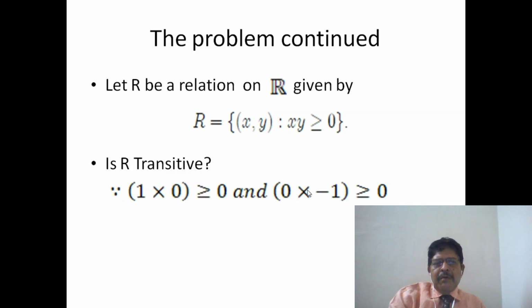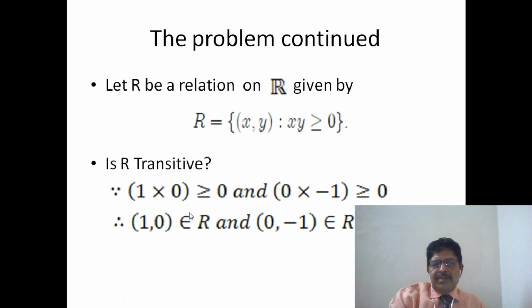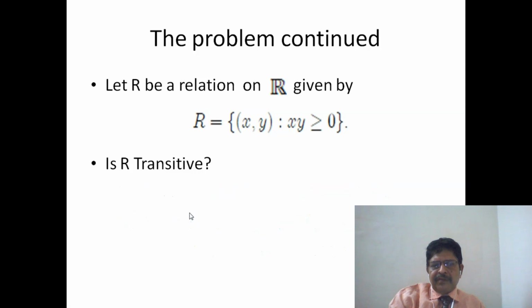Now here we give a counter example. See, 1 into 0 is non-negative. So also 0 into minus 1 is non-negative. So 1 is related to 0 and 0 is related to minus 1, but yet 1 is not related to minus 1, as their product is not non-negative, the product is negative.